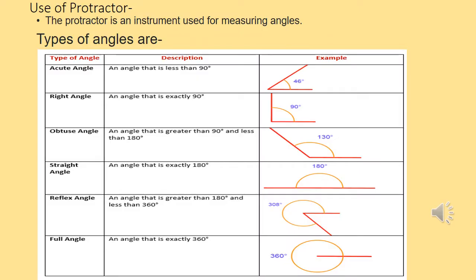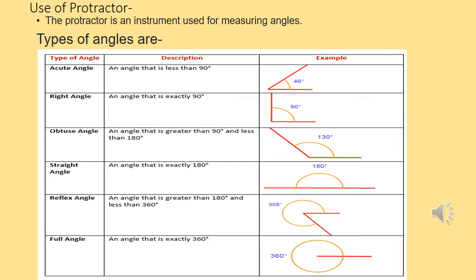Use of the protractor: the protractor is an instrument used for measuring angles. There are many types of angles. Acute angle, an angle that is less than 90 degrees. Right angle, an angle that is exactly 90 degrees. Obtuse angle, an angle that is greater than 90 degrees and less than 180 degrees.